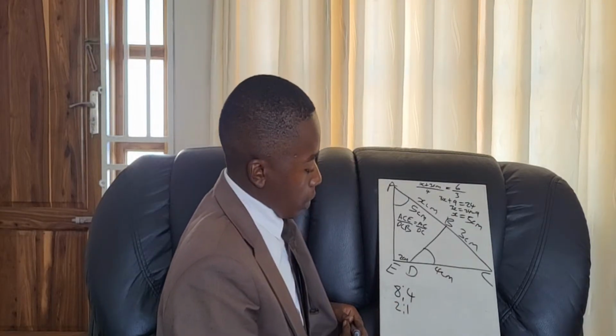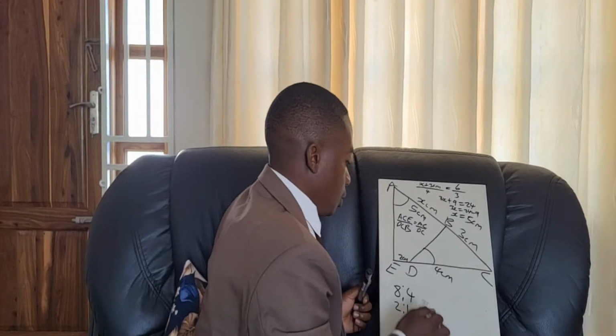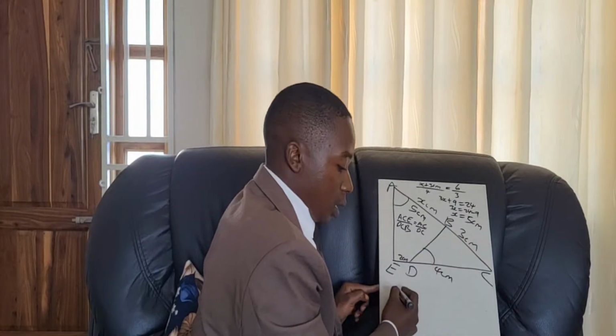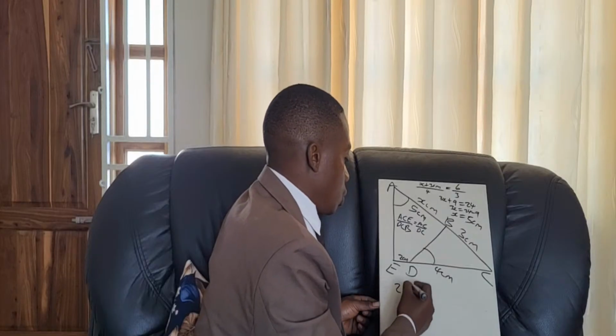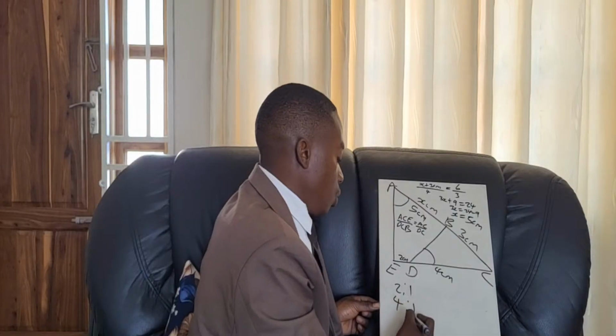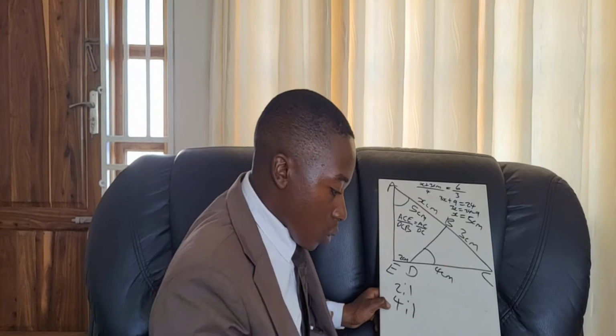For the area factor we square both, so it's 4 is to 1, and the 4 corresponds to the bigger shape, which is 24.